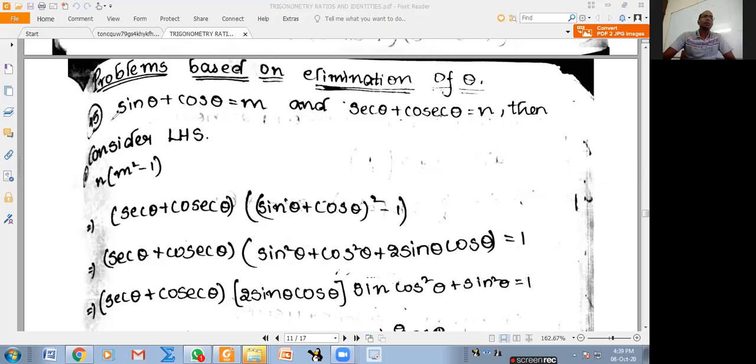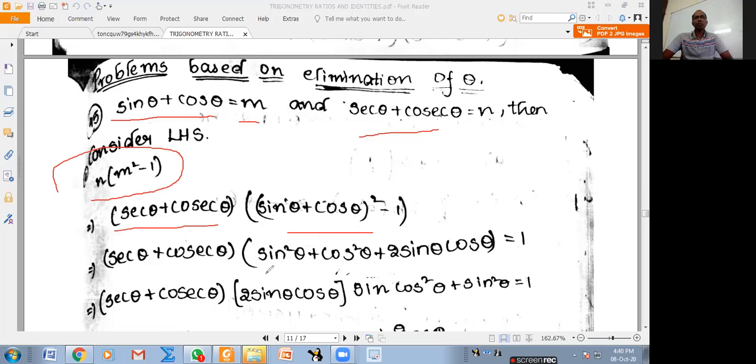What is the question here? Sin theta plus cos theta is m. Secant theta plus cosecant theta is n. Somehow you have to eliminate theta and find a relation between m and n. I started with the answer, because they asked to prove n into m square minus 1. I just started with n, secant theta plus cosecant theta, times m square minus 1. When I expand, I got this. Minus 1 is also there inside.